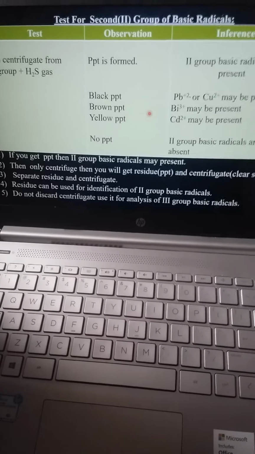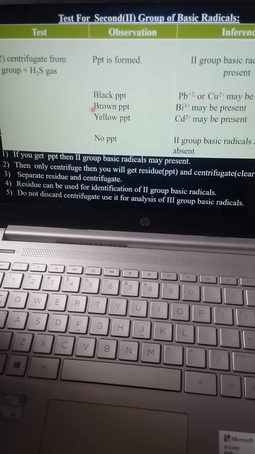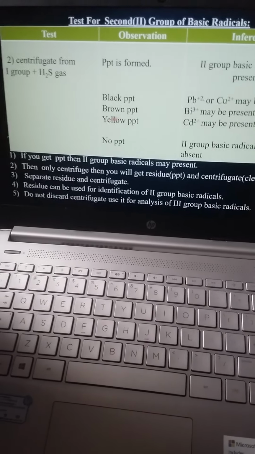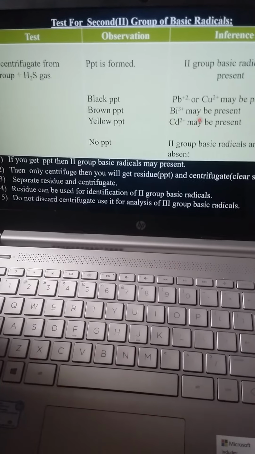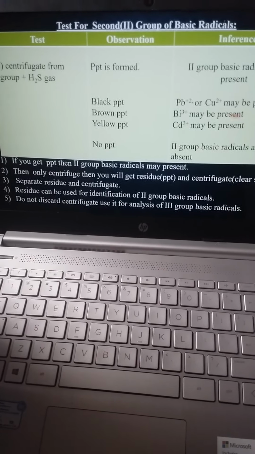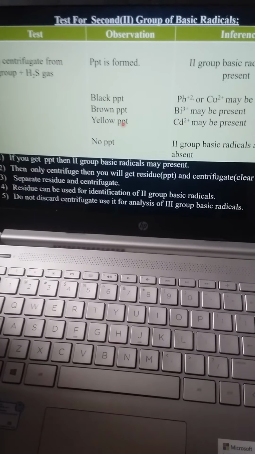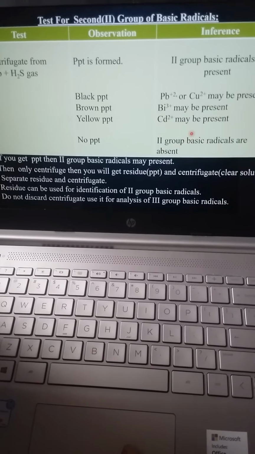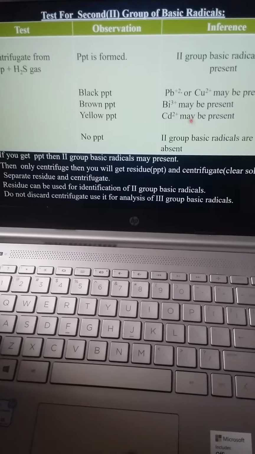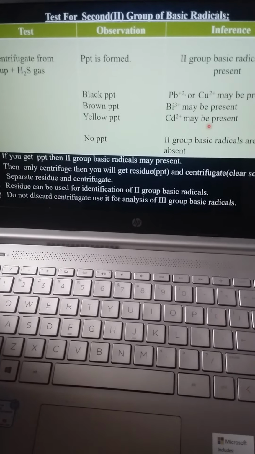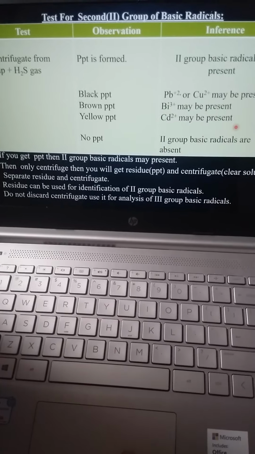If the precipitate is brown, bismuth ion may be present. If you get a yellow precipitate, it clearly indicates that cadmium may be present in the given salt mixture.